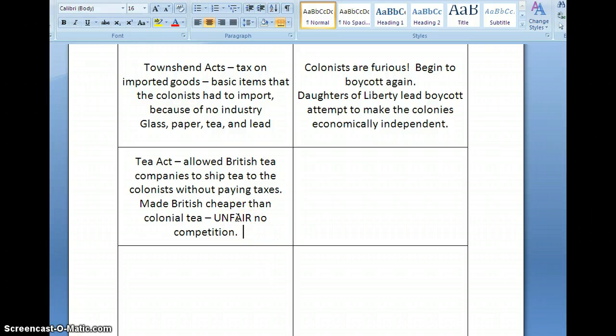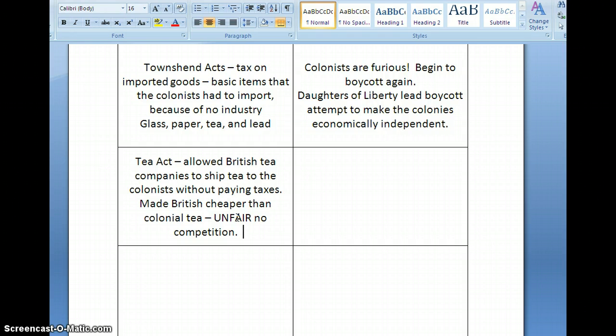So basically what's going on with the Tea Act is the British companies that are making tea, selling tea, importing tea to the colonies did not have to pay taxes on whatever they imported. So they could make their tea so much cheaper than what the colonies could charge for their own tea.